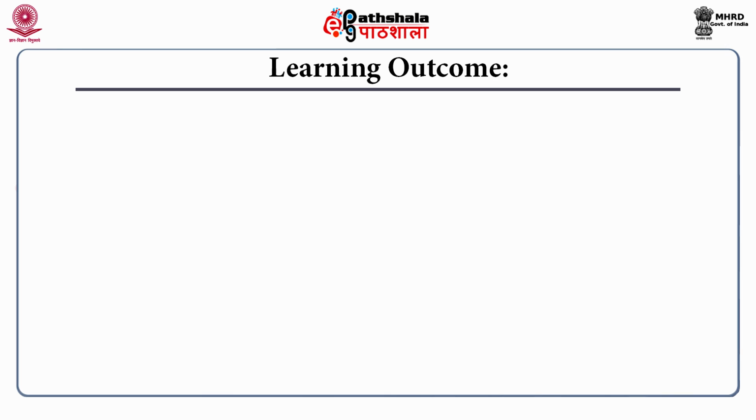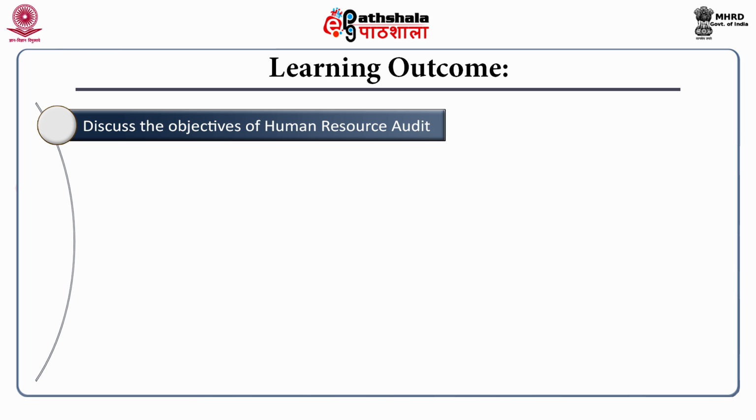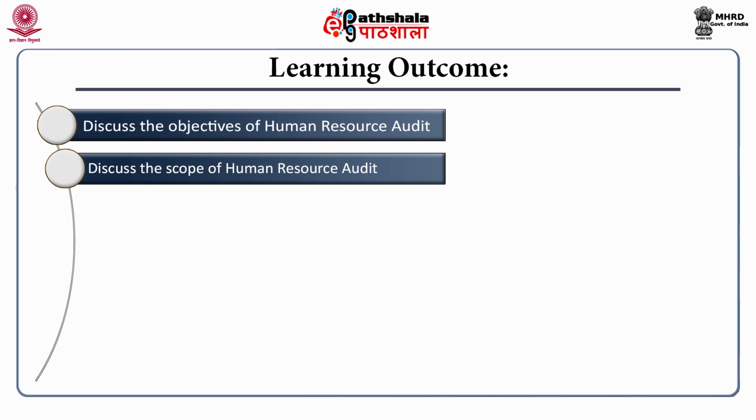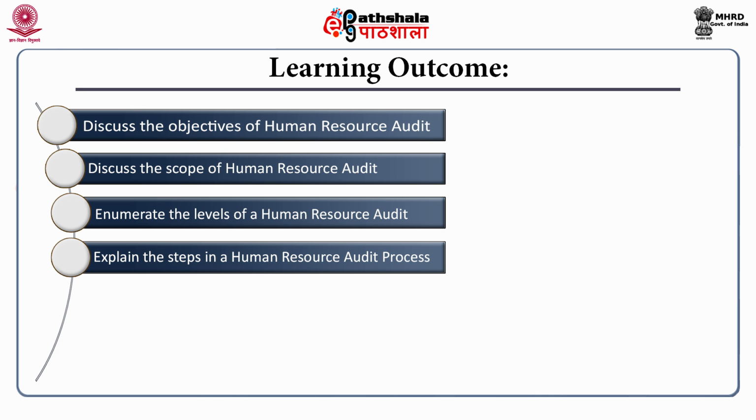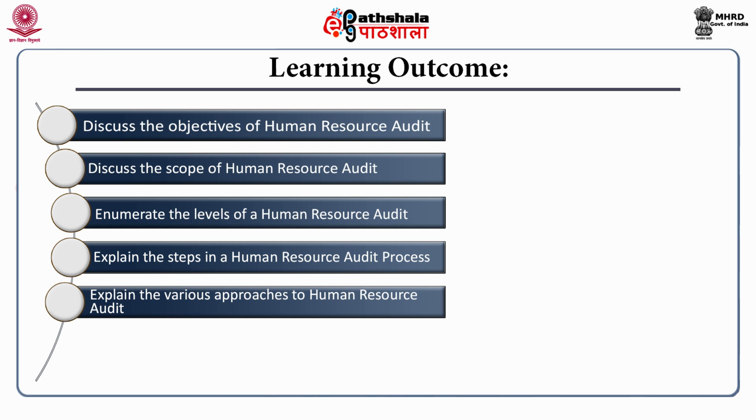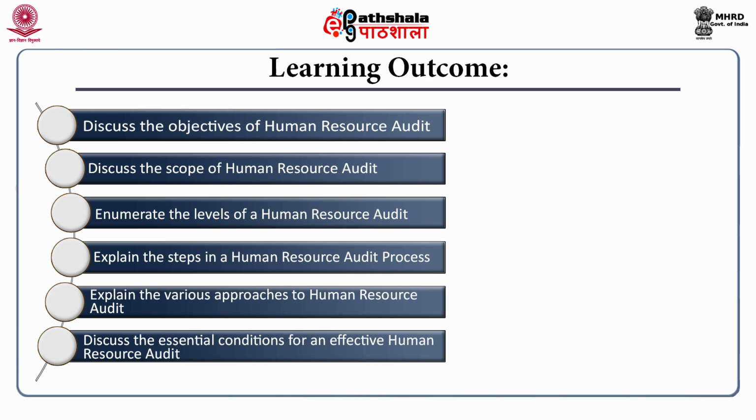Learning Outcome: After reading this module, you shall be able to discuss the objectives of human resource audit, discuss the scope of human resource audit, enumerate the levels of human resource audit, explain the steps in a human resource audit process, explain the various approaches to human resource audit, and discuss the essential conditions for an effective human resource audit.